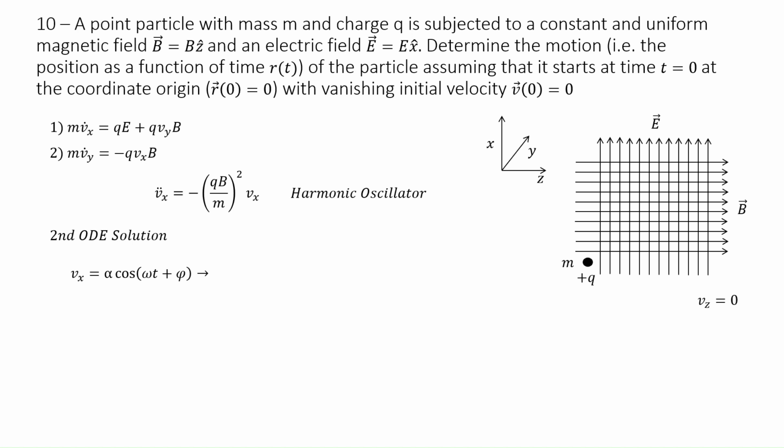If we take the double time derivative of this, our omega comes out to the front and gets minused, but our cos stays the same. And you'll notice that alpha cos(omega t plus phi) looks exactly like our vx. So v double dot x equals minus omega squared vx, which is exactly what we have above, and comparing the two equations, we see that omega equals qB over m.